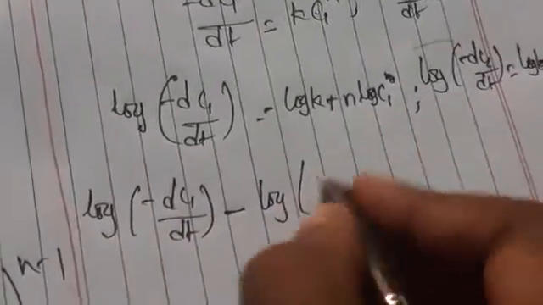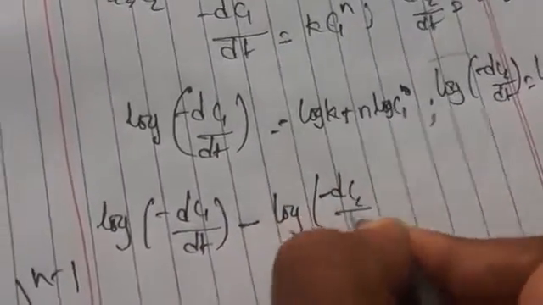So if you take C1 and C2 here, subtracting the two gives log of minus dC1 by dt minus log of minus dC2 by dt.